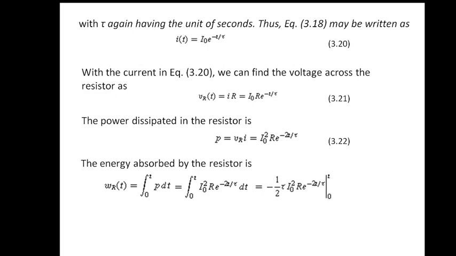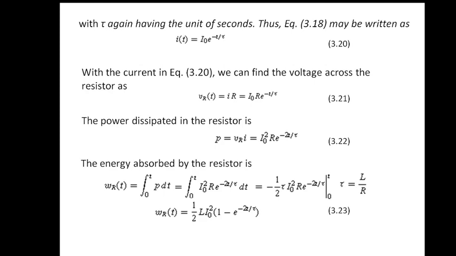Substitute the upper limit and lower limit, and also the time constant tau equal to L by R. After substituting, we get WR of t equal to half L i naught square into 1 minus e power minus 2t by tau. This is the expression for the energy absorbed by the resistor.